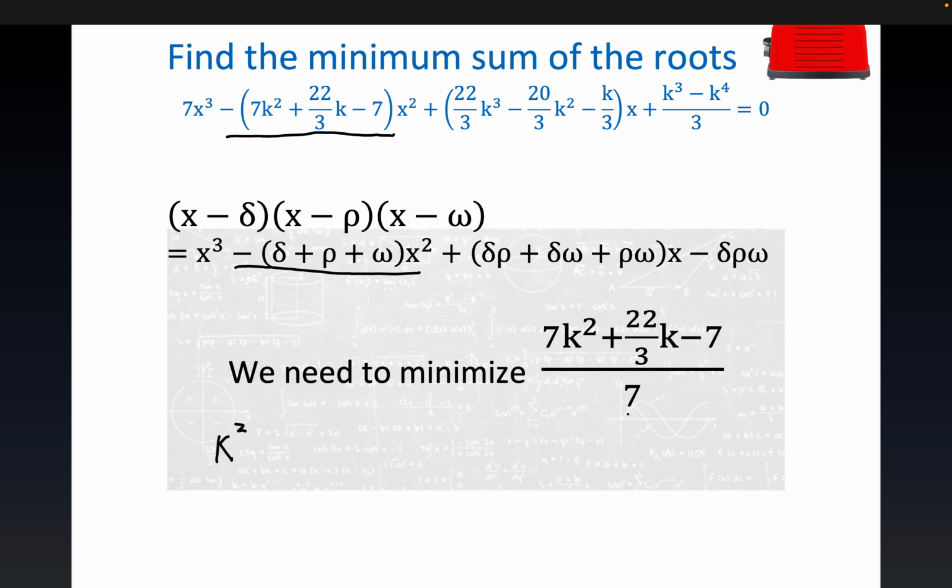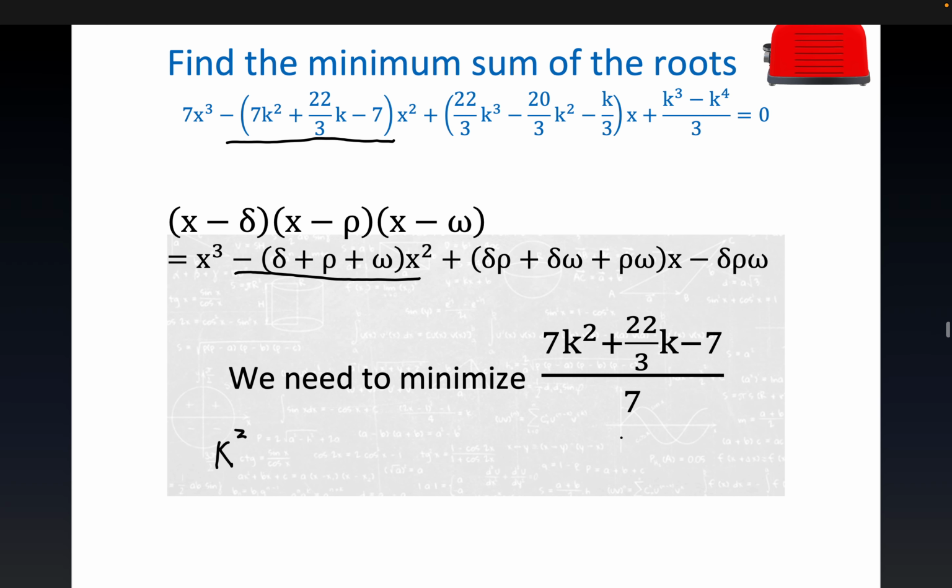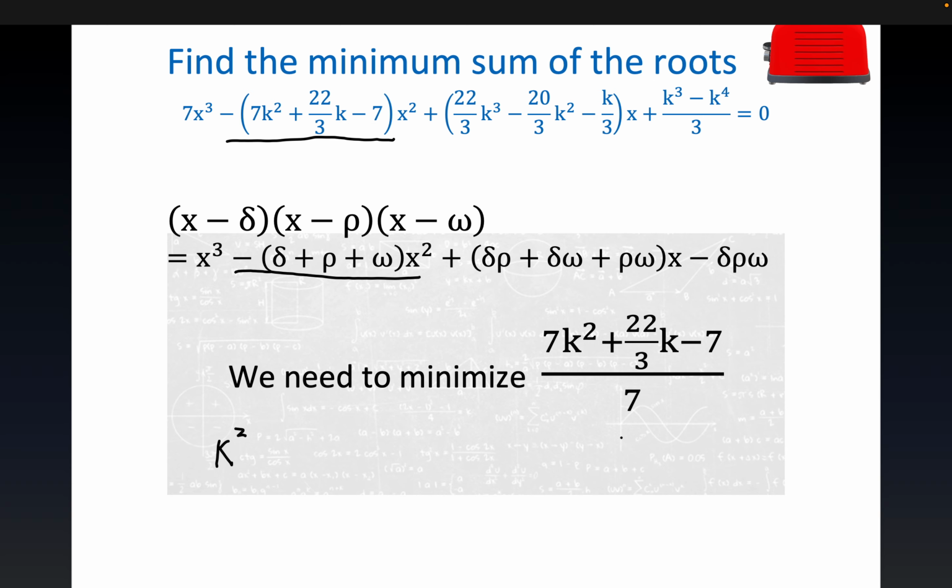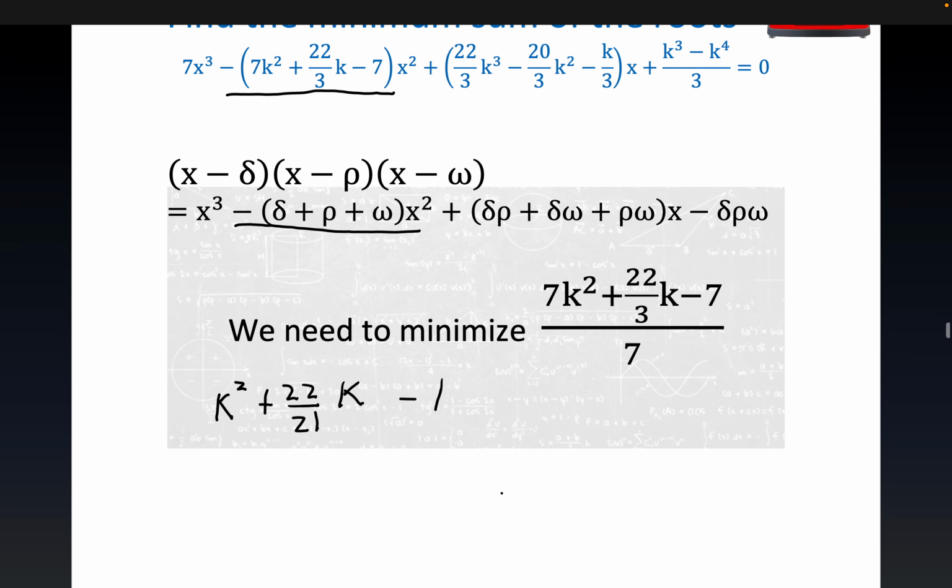We would get 22 over 3, did I get that right? 22 over 3, divide by 7, and this becomes 22 over 21. 22 over 21 is the coefficient of k. And then, of course, we get just minus 1. Again, I'll just perform this relatively simple task of dividing this through by 7, so we would have a monic, which makes it easier to complete the square.